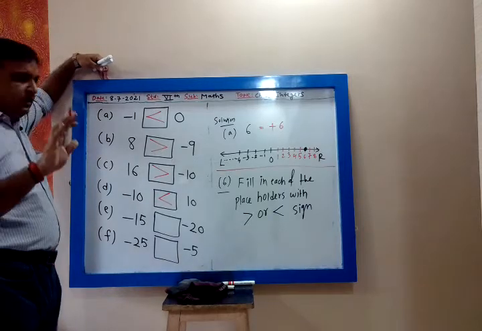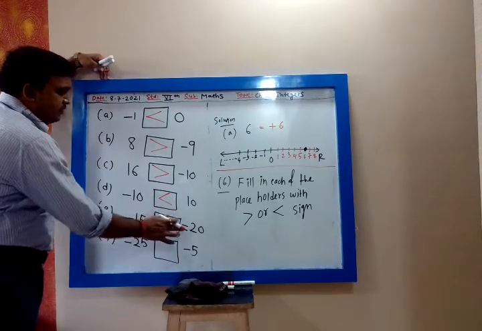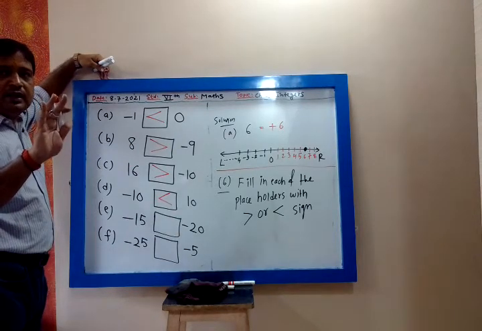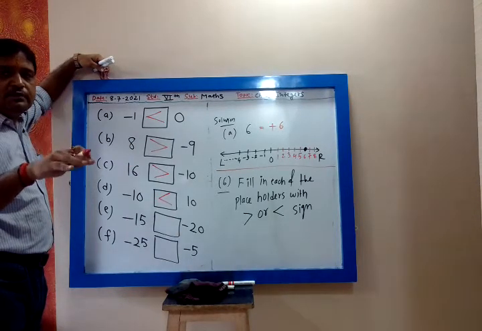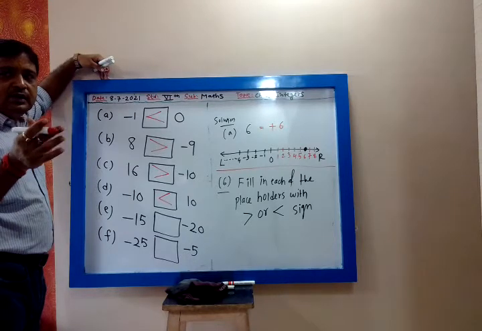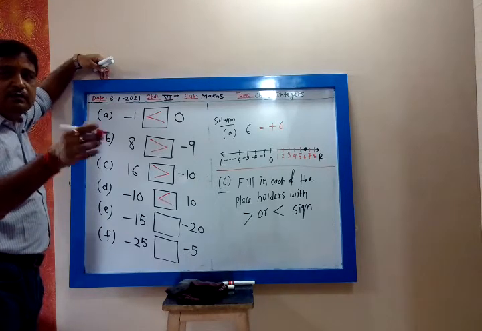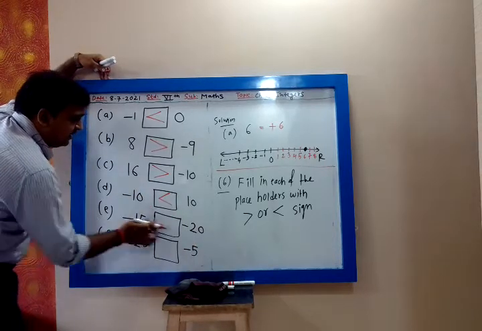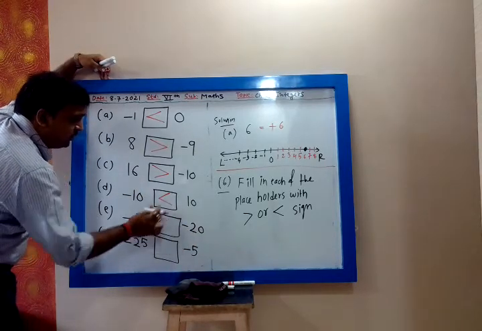Now minus 15 and minus 20. Both are negative. And I have told you, whenever both numbers are negative, the number which is bigger will be smaller integer. So 20 is bigger, but both are minus, so minus 20 will be smaller integer.